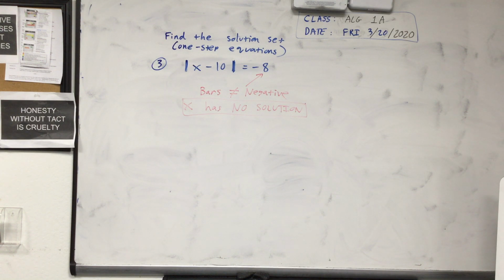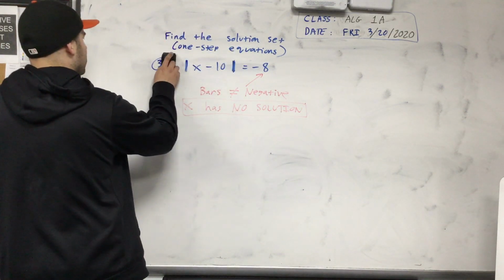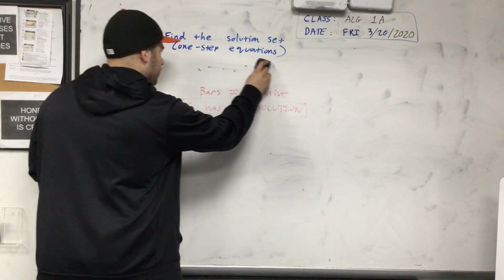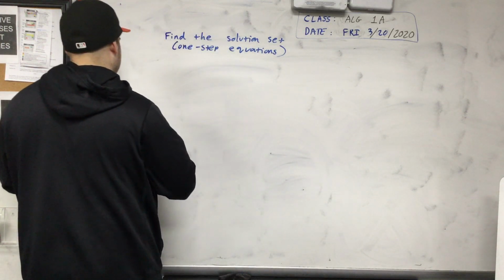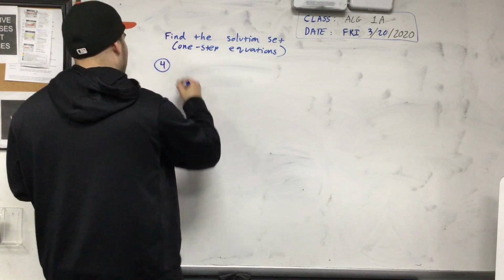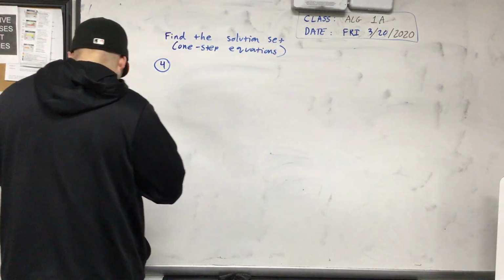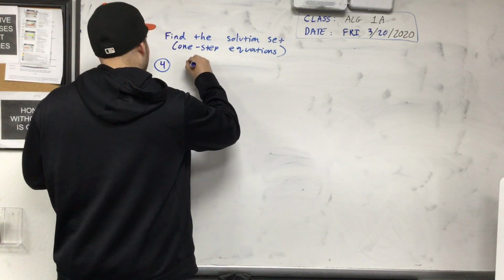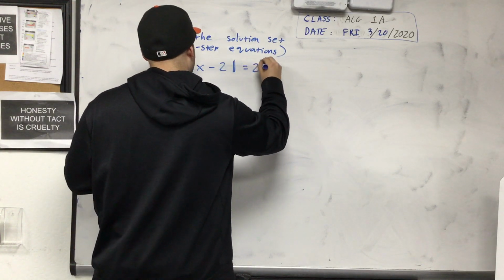Okay, I'm going to give you 3 more and then we're going to call it a day. Number 4, the absolute value of x minus 2 equals 25.